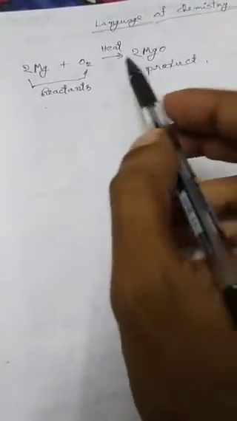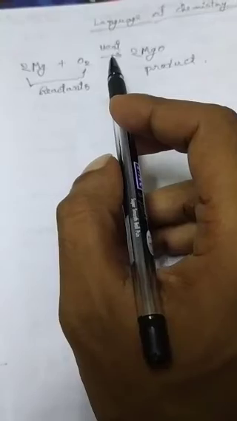For example, burning of magnesium in the presence of oxygen forming magnesium oxide. You can see figure number 5.1 on page number 66: when we burn magnesium in the presence of air or oxygen, it forms magnesium oxide.